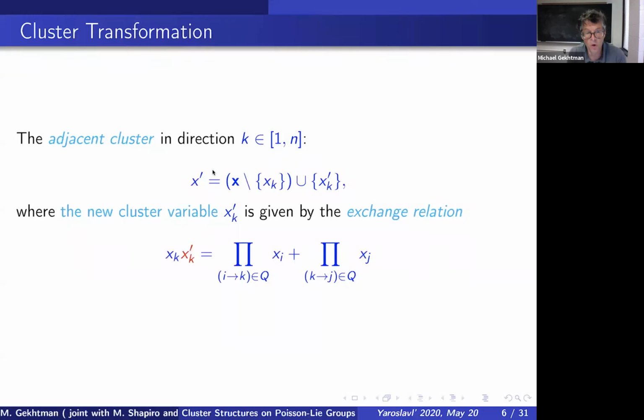The old one times the new one is equal to the sum of two monomials. The first monomial is a product over all arrows that point to vertex number k in my quiver. And the second term is a product of all coordinates to which an arrow points from this vertex k. So we'll see an example of this soon.